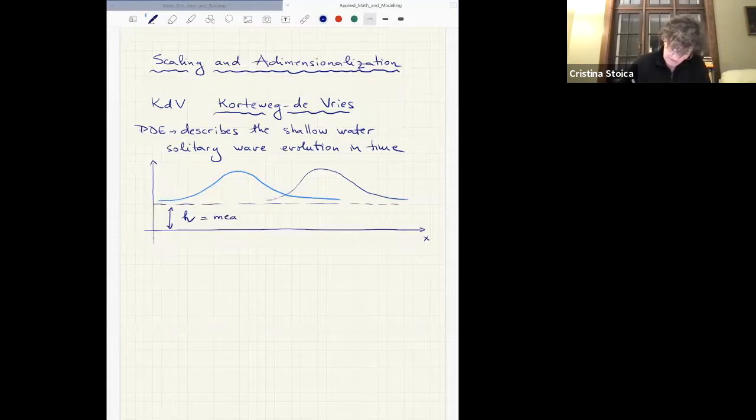So H is the mean water depth. That's one of the parameters. And now what we really want is the unknown in this business. So if this is an X, here is this height right above the level zero of the water, the surface of the water, as the wave travels.